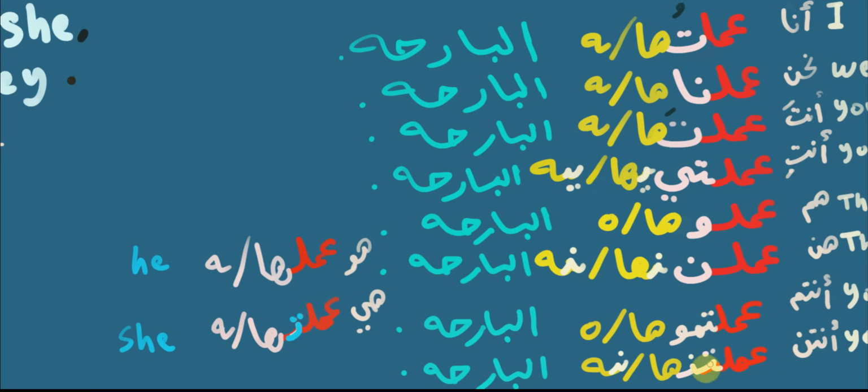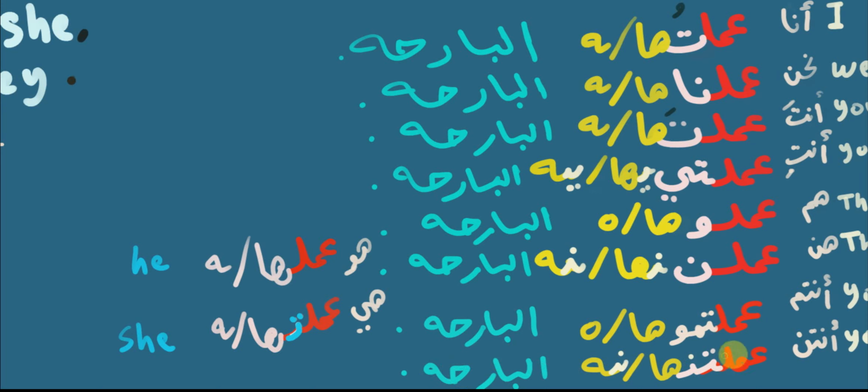You notice here تنها. Always refer to these separated pronouns and see which letters you used in the verb and how you attached it, and you'll be able to recognize which one is which. So عملتنها البارحة or عملتنه البارحة.